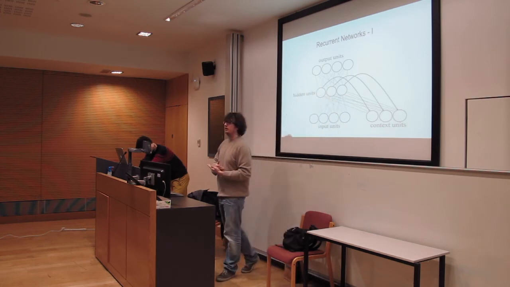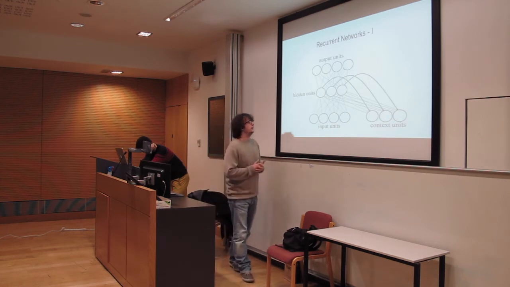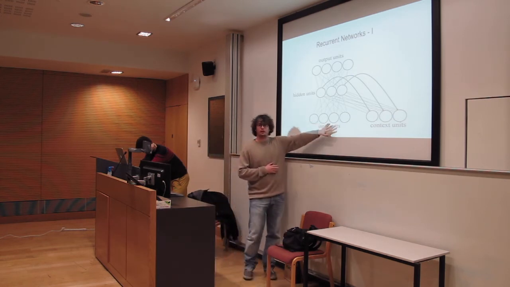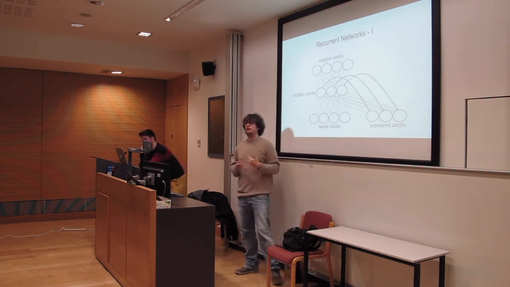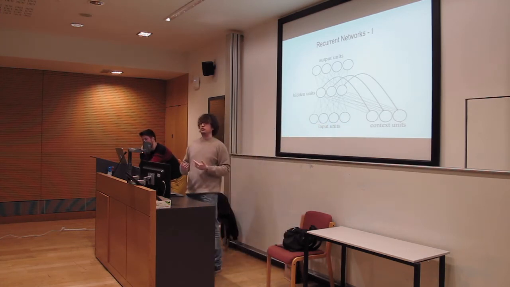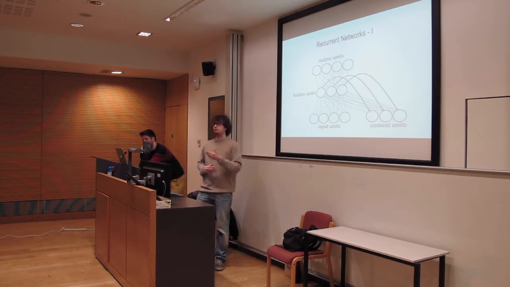If you're processing text and you want to predict the next word, rather than just using the current word, you can also use the intermediate representation of the previous word. This gives you a better representation of your data and leads to better performance in this prediction problem.